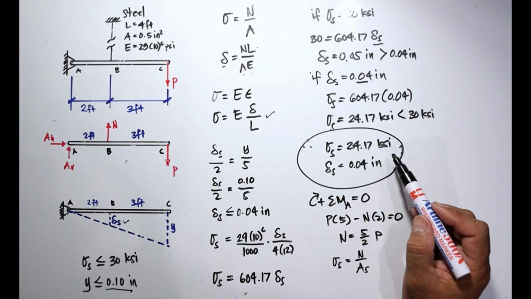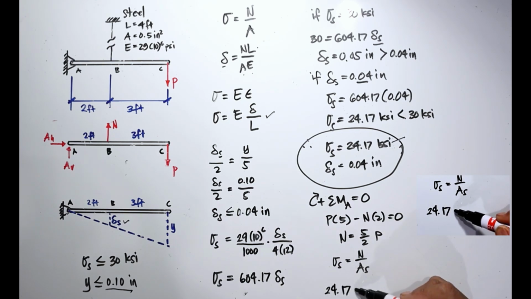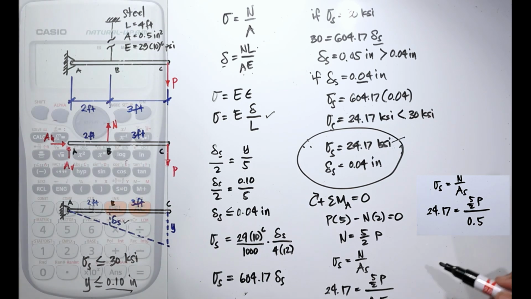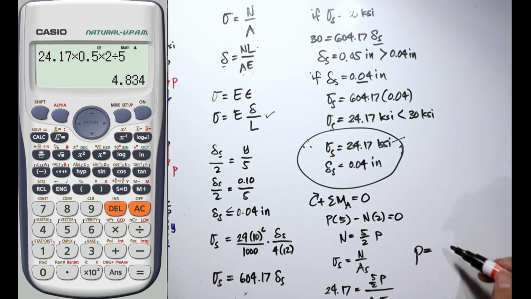We now use this for the stress: 24.17 equals N, which is 5 halves of P, over the area of steel, which is 0.5. We get P equals 24.17 times 0.5 times 2 divided by 5 equals 4.83 kips.